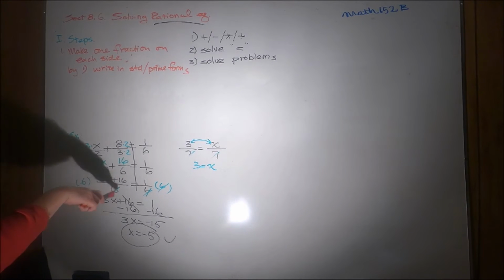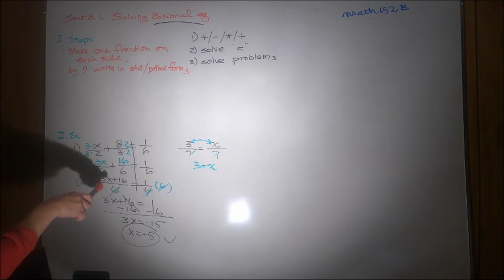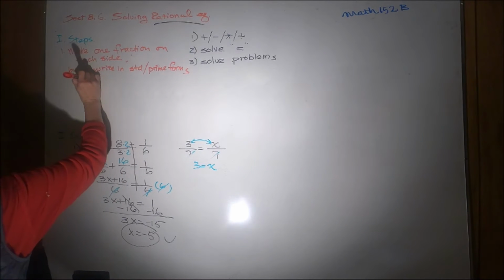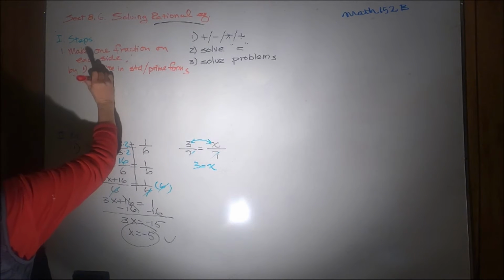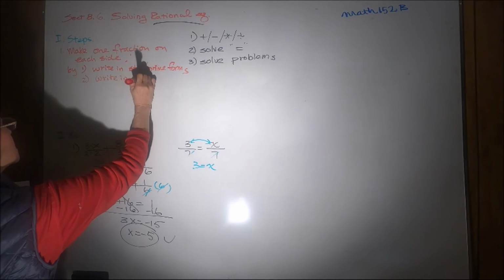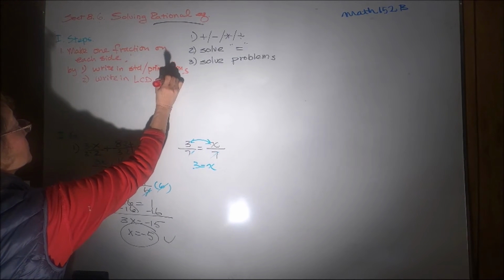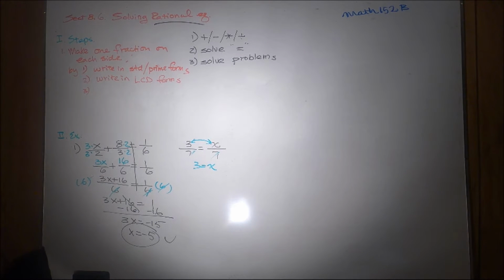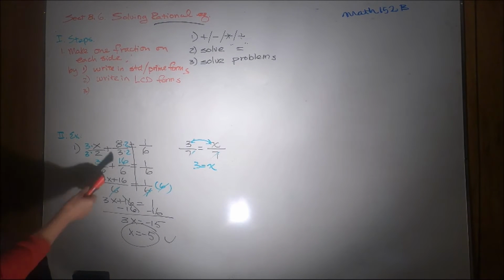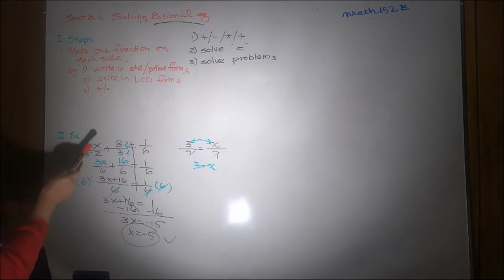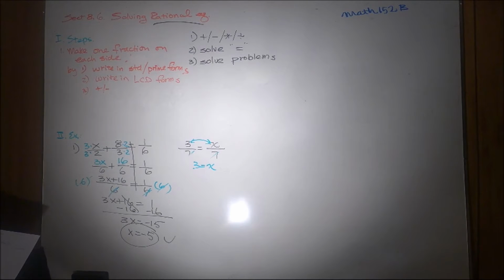When we add the rational expressions, we usually write them in standard and prime forms. Then we will write it in LCD form for each side. Then we will just add and subtract as we did before to make one fraction.